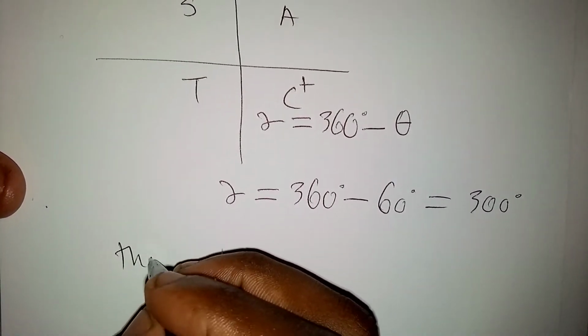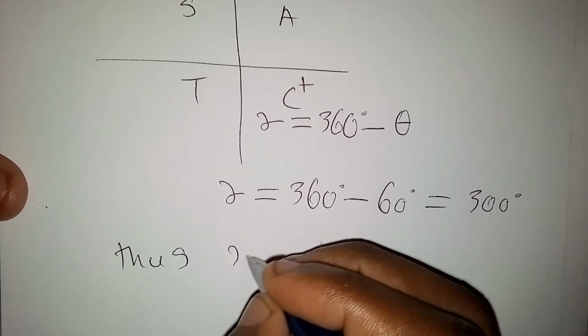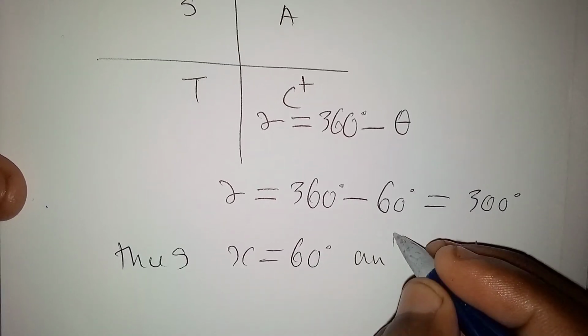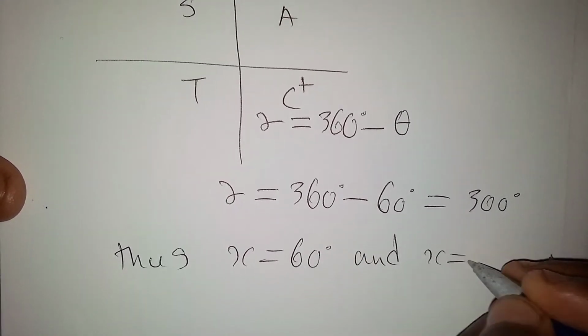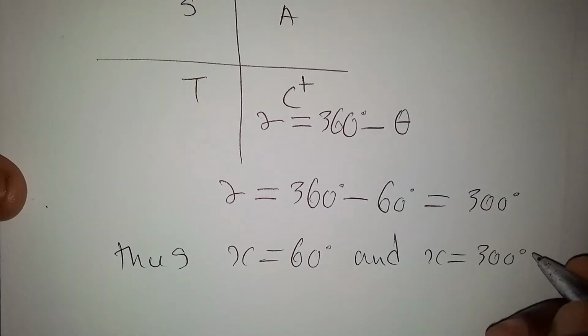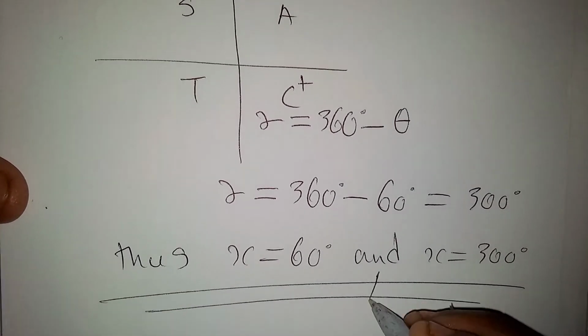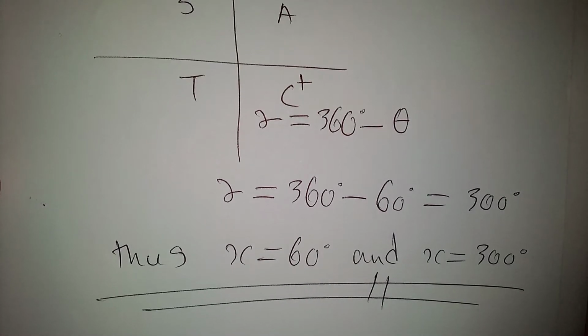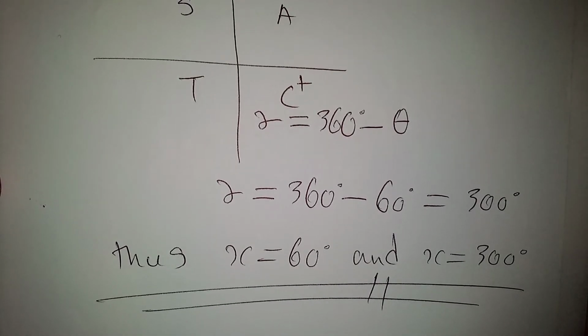Thus, x here is equal to 60 degrees, and x can also be 300 degrees. So this is the solution to this equation. When you are solving a trigonometric equation, you consider all the possible solutions. Okay, let's try part B.